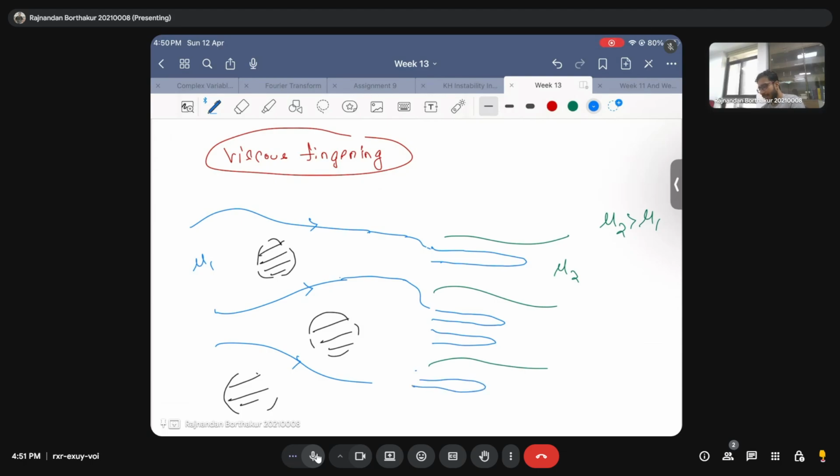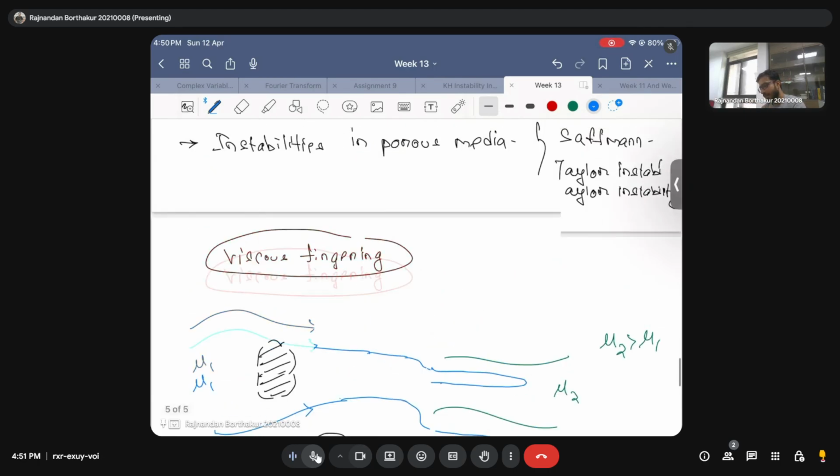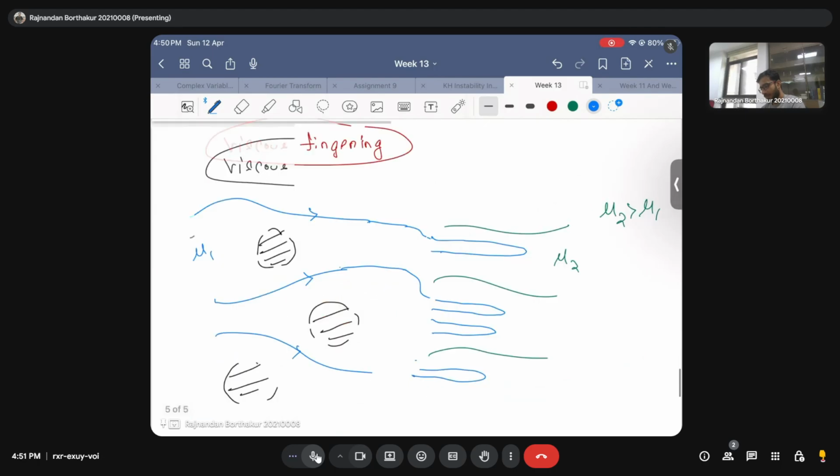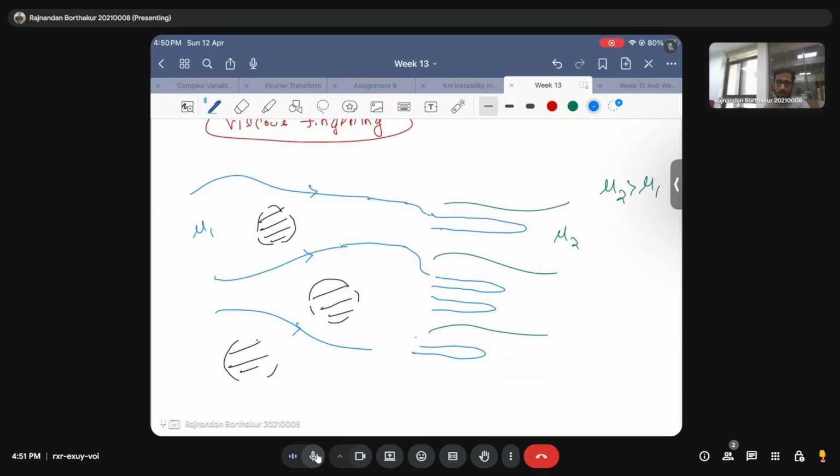These patterns are known as fingering patterns, and the instability that kicks in is known as the Saffman-Taylor instability. This is one of the most studied instability problems in porous media research.